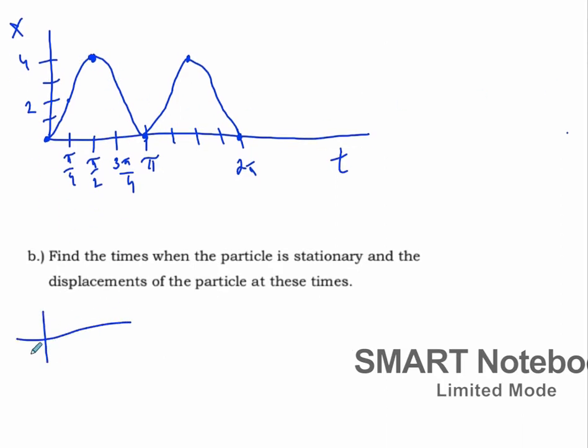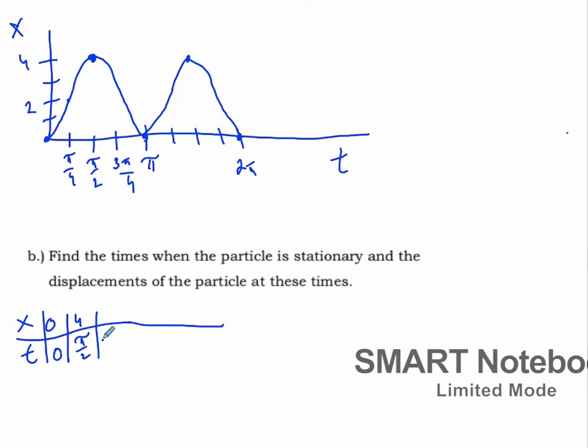So let's do t and x, a little table here. When t is 0, the displacement is 0. When the time is pi over 2, the displacement is 4.